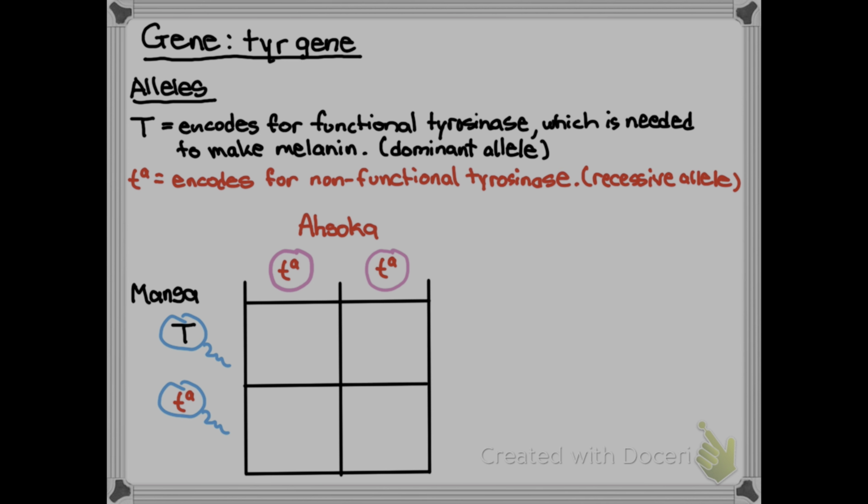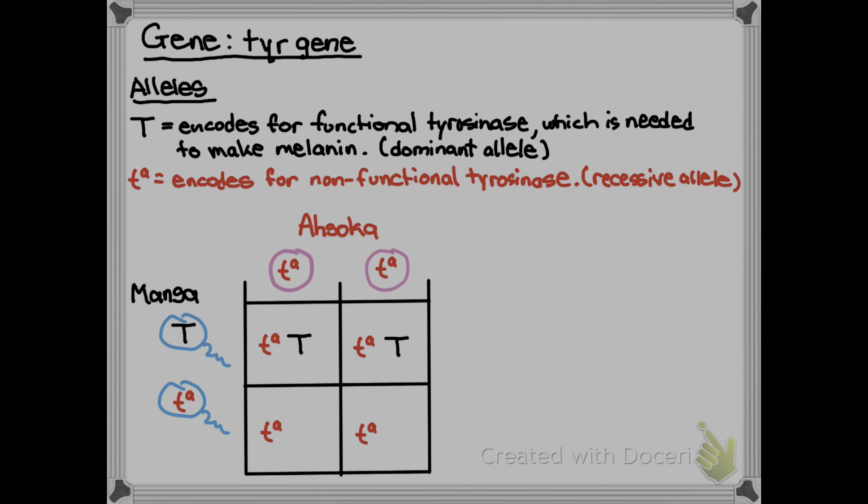So let's draw out our Punnett square. In the first column, we are going to put the allele that's represented by the gamete Ahsoka formed on the left, and in the second column, the gamete formed by Ahsoka on the right.